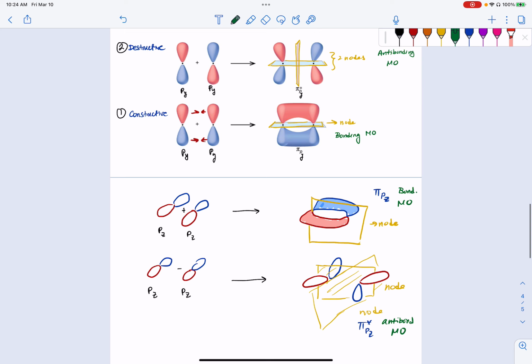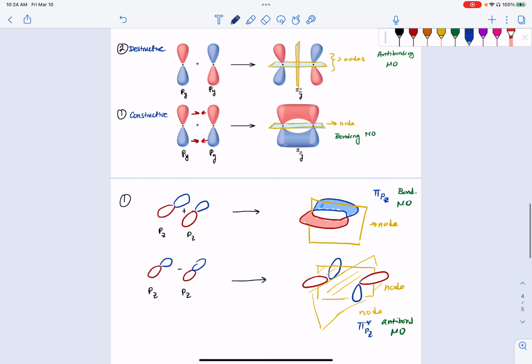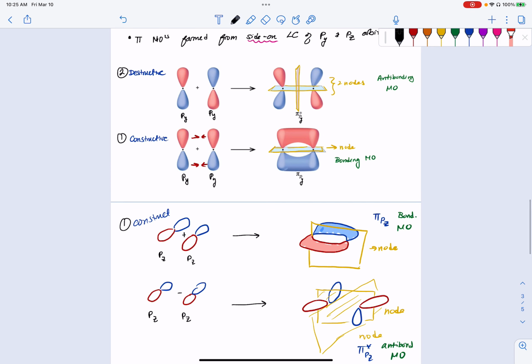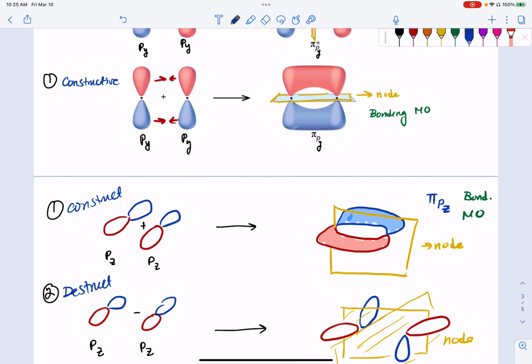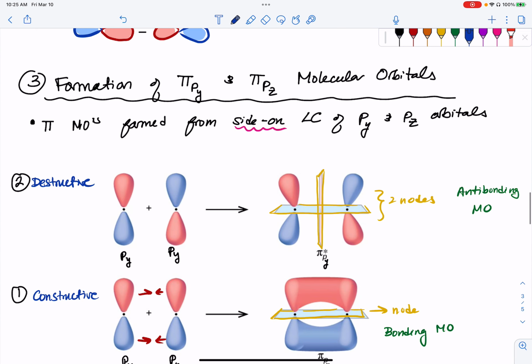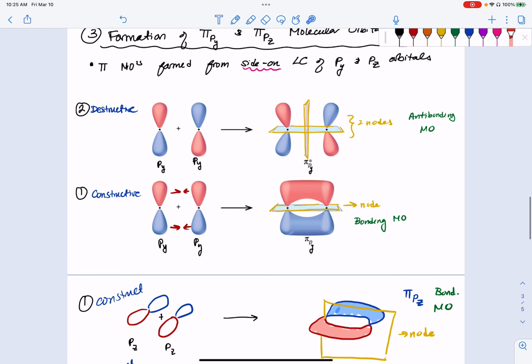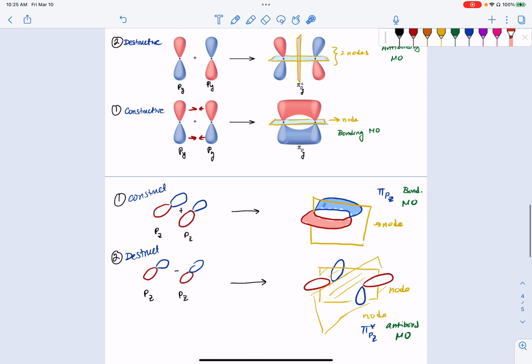So in total, here we got the constructive, and here we have the destructive. Since I have two different atomic orbitals that can combine in a side-on manner, I'm going to create 4 molecular orbitals because each of our side-on combinations has 2 different versions, being the constructive and destructive.